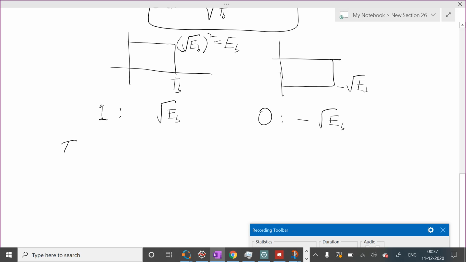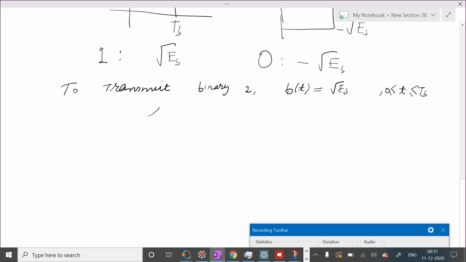Now, to transmit binary 1, we call the signal b of t. It is root Eb, definitely for 0 less than or equal to t less than or equal to Tb, for the Tb time interval.